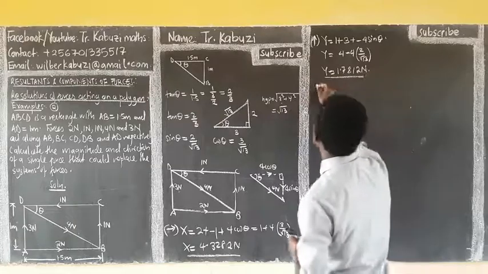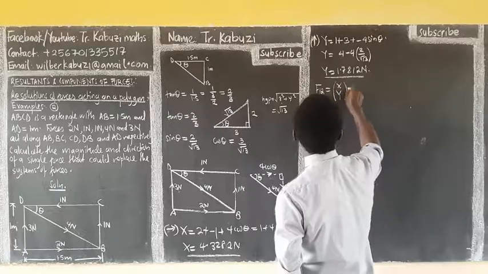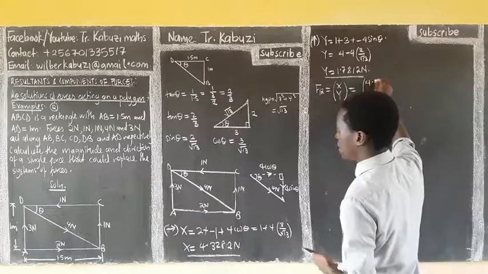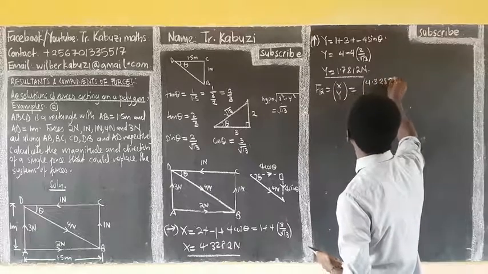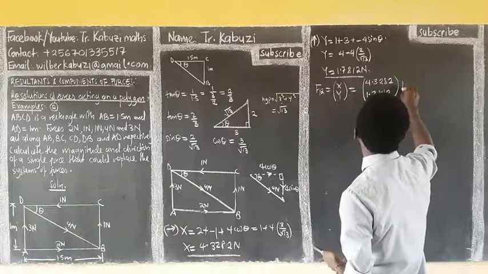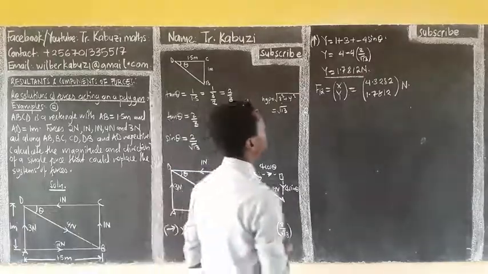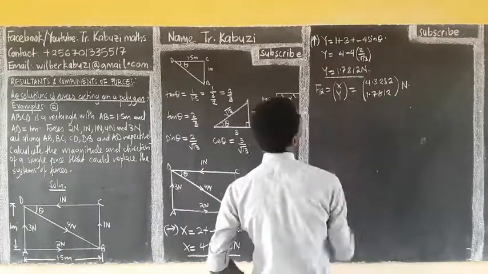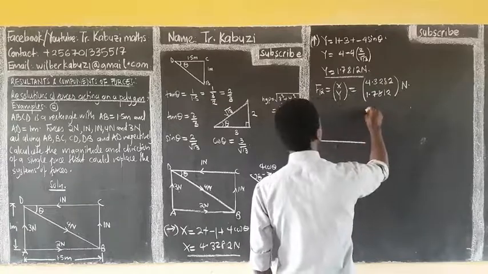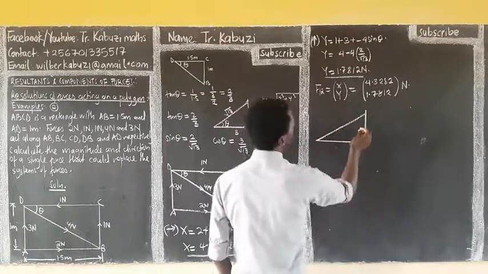So remember, always the resultant FR is given by x, y, which will be now our 4.3282, then 1.7812. These are newtons. Now, if you want to get the magnitude of this, all of them are positive, so x is positive and also y is positive. So this is the resultant there.